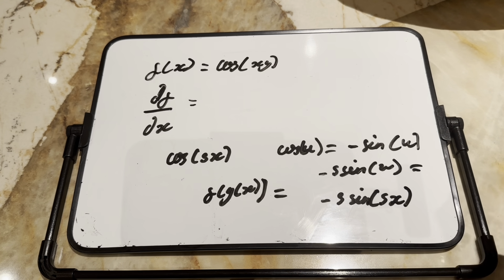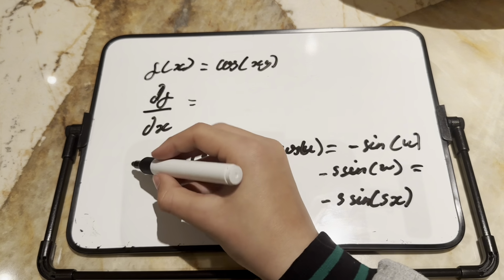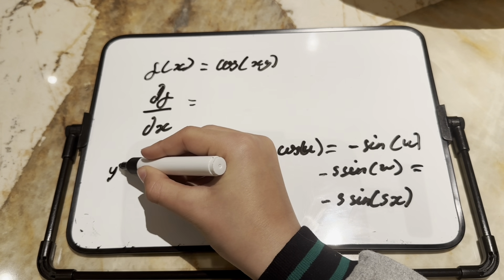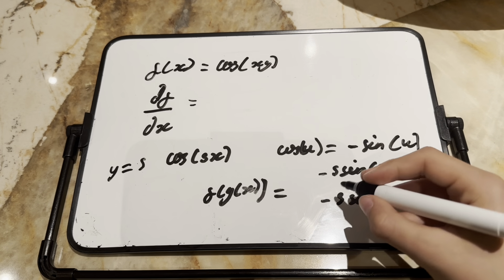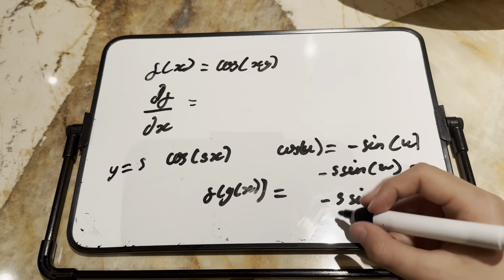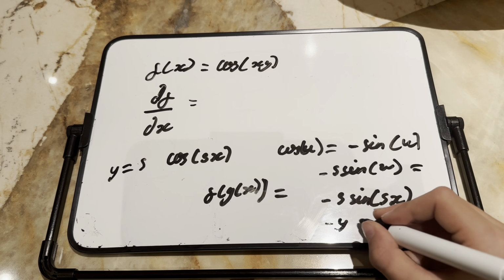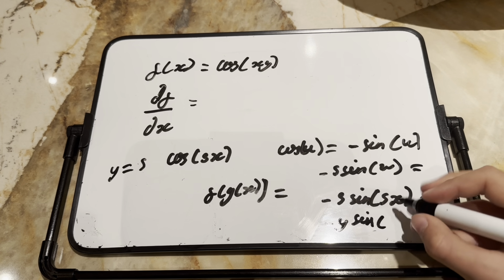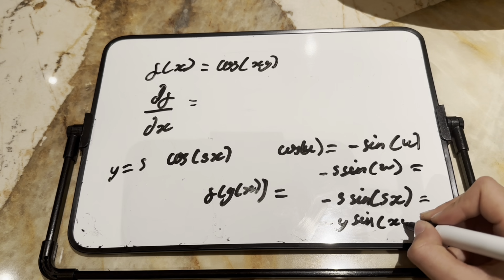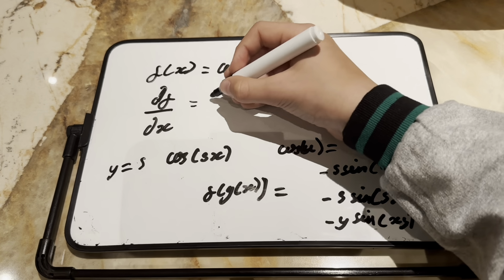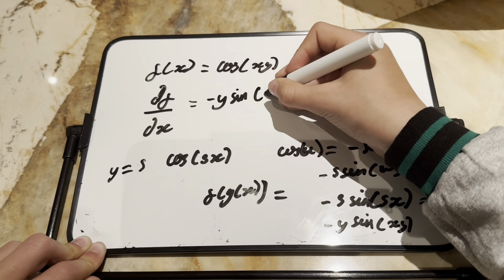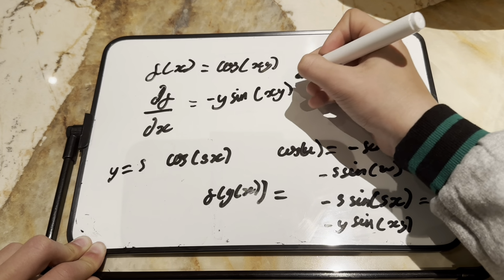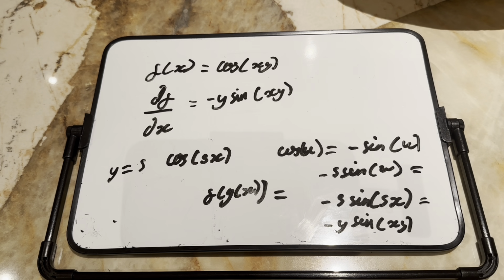And if you remember, we plugged in y equaling 5, so all we need to do is replace any 5s with y. Thus we get negative y sine of xy. And that is our answer. You've just solved your second partial derivative.